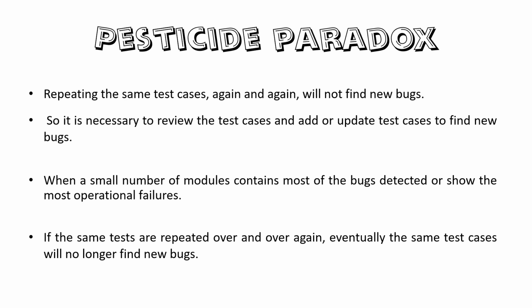The bug and the test case are similar to that. If you keep running one particular test case, then at one stage you won't be able to find any defect with it. So we need to revise the test case, renew the test case, and update the test case frequently. This concept is known as pesticide paradox.